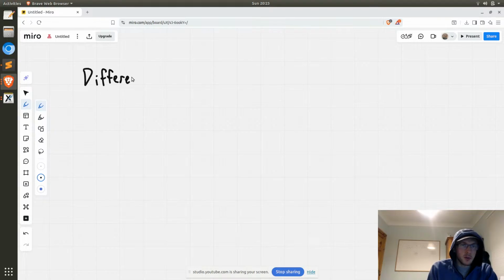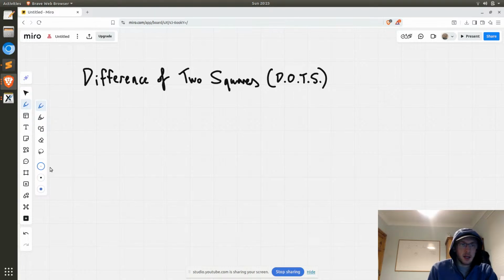Difference of two squares. We'll build on what we know. AKA DOTS, follows the following pattern.